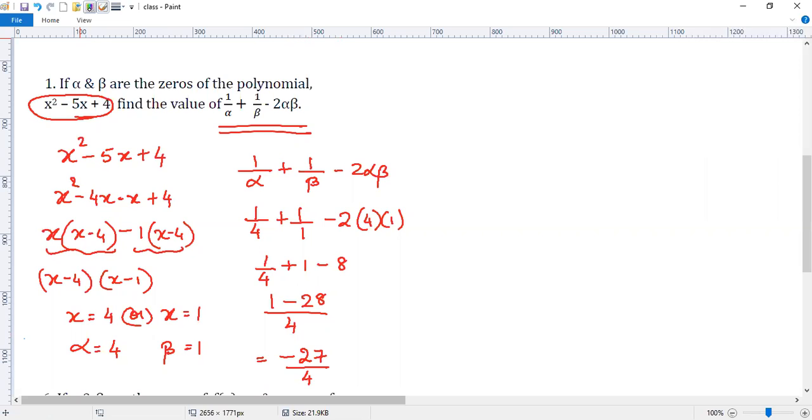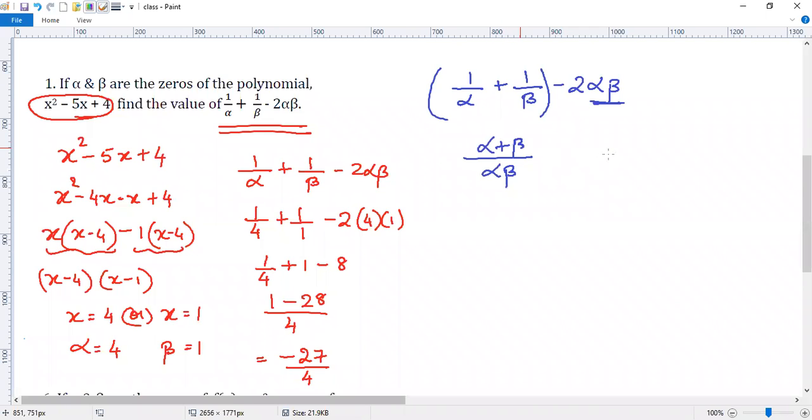Now the same problem, we are going to try by the other method we just discussed. Now to find the value of the polynomial, what is asked is 1 by alpha plus 1 by beta minus 2 times alpha beta. Now to simplify this further, this is already in the product of zeros term. This is what is in terms we don't know. So taking the LCM, in the denominator you will get alpha beta and in the numerator alpha plus beta, minus 2 alpha beta.